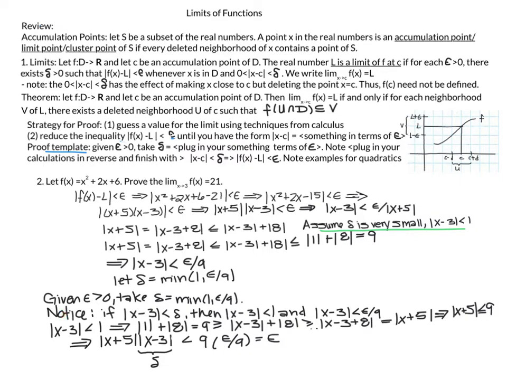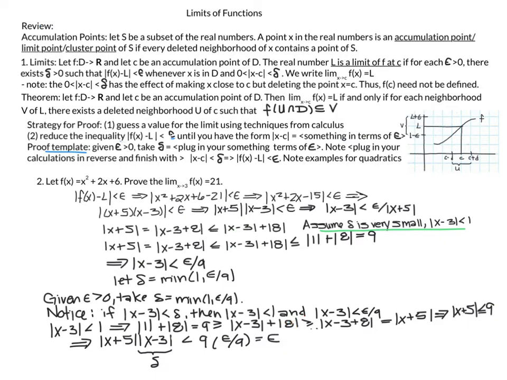So I'm going to say notice, then |x - 3| is less than delta means that |x - 3| is less than 1 and |x - 3| is less than epsilon over 9. So I have |x - 3| is less than 1, which is going to give us, working this backwards, the absolute value of 1 plus the absolute value of 8 is equal to 9, which is then greater than or equal to |x - 3| plus the absolute value of 8.